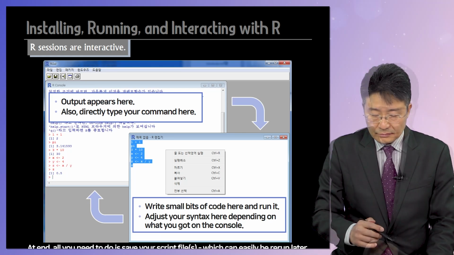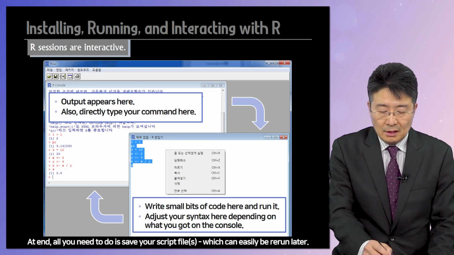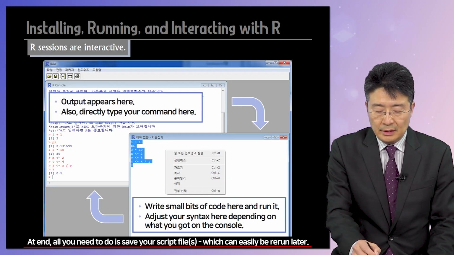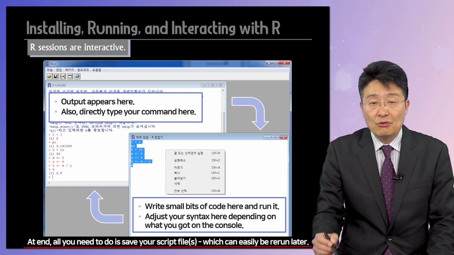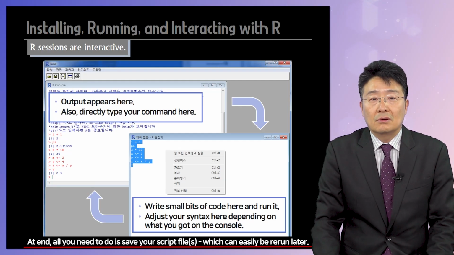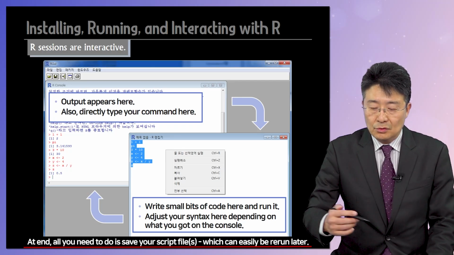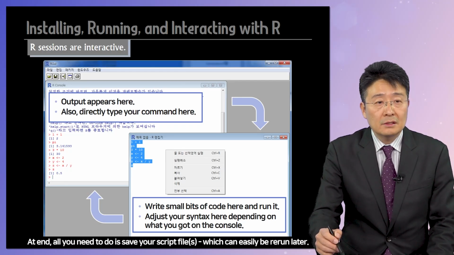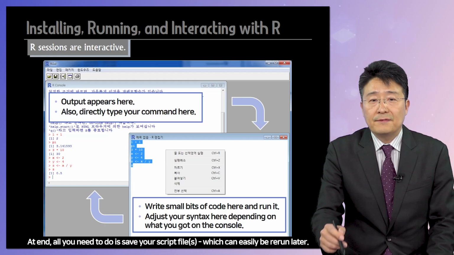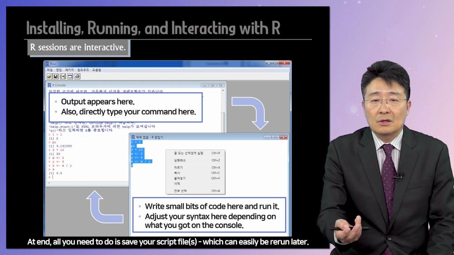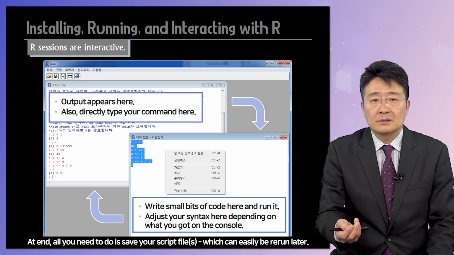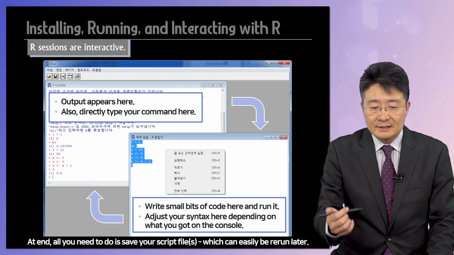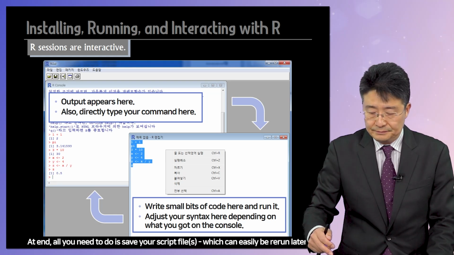And all you need to do is save your script file, which can easily be rerun later. You can make a file in here. You need to save this file, and later on you can call the file and run the codes again. So R sessions are interactive.